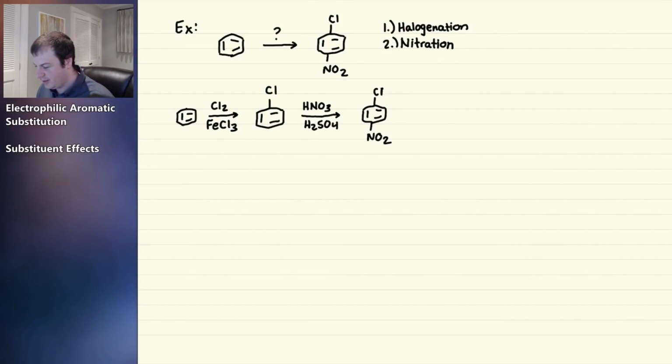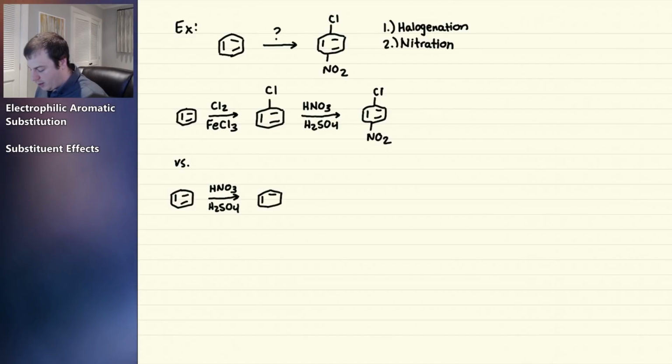But now let's look at the example if we did the nitration first. What would happen? So here's our benzene ring, and I'll do the HNO3, H2SO4. Okay, now we can put the nitro group wherever we want, so I'll just put it on the bottom since that's kind of where it's drawn in the product.